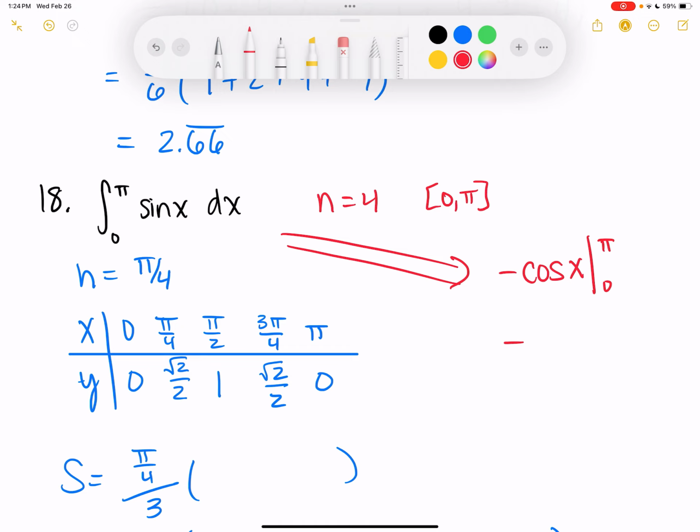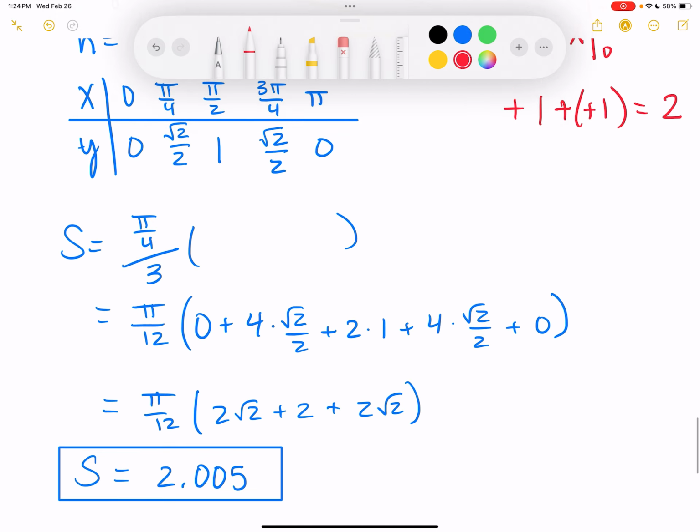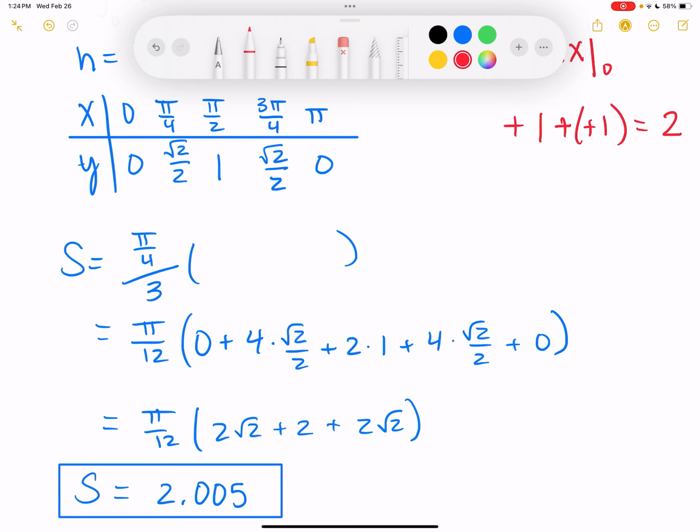Negative 1, and since this was a negative, this would be a +1, minus cosine of 0, which is 1, so +1. There we go. So that ends up being 2, compared to 2.005. Pretty accurate.